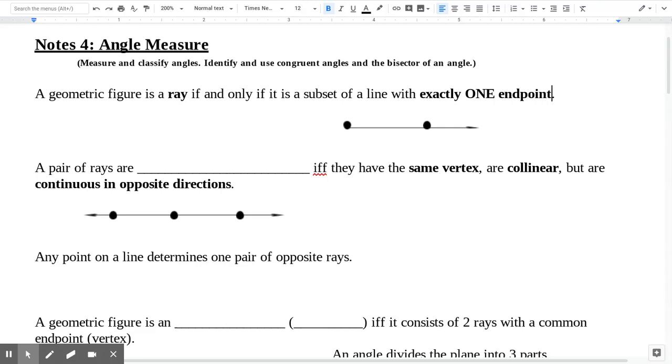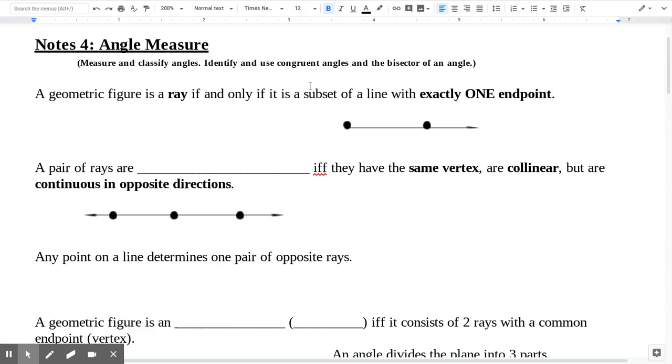So thinking about those words again, if and only if means that we can treat this both forward and backwards. A figure is a ray as long as it has exactly one endpoint and is a subset of a line. Also, if we have a subset of a line with just one endpoint, it is a ray, not something like a line segment. Okay.